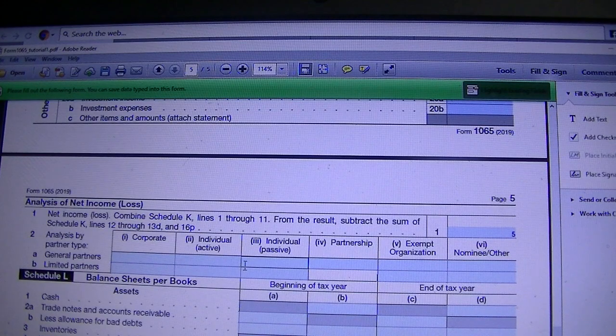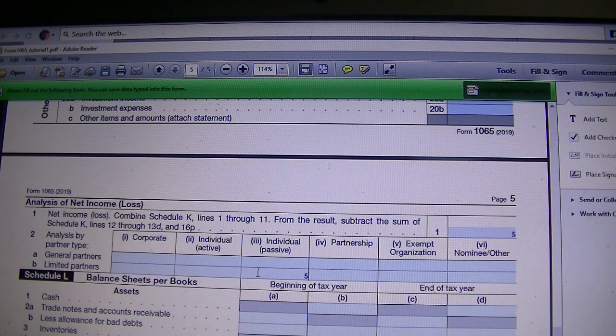And now they say to classify as passive for limited partner income if the activity is a trade or business. So that means here is where we will put that, and that's 5 for each partner. Yes, that's 5 as well for the total.